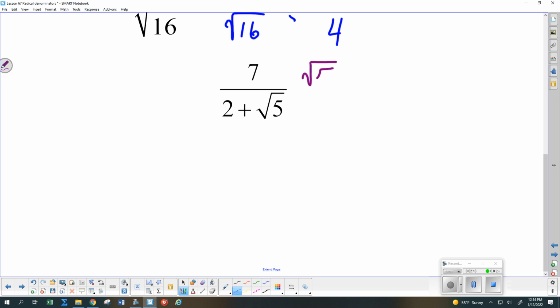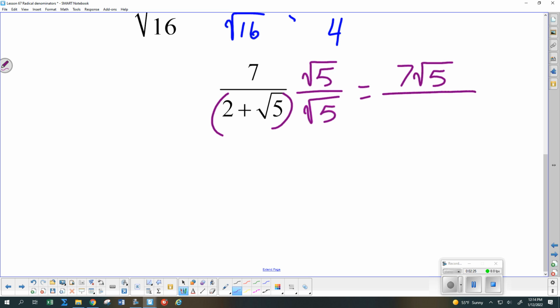So if I do that, since that denominator had a plus or a minus in it, I have to think about it with parentheses around it, so I can multiply denominator times denominator. So my numerator would become 7 root 5. And let's see if I get rid of the square roots in the denominator doing this. Root 5 times 2 is 2 root 5 plus root 5.